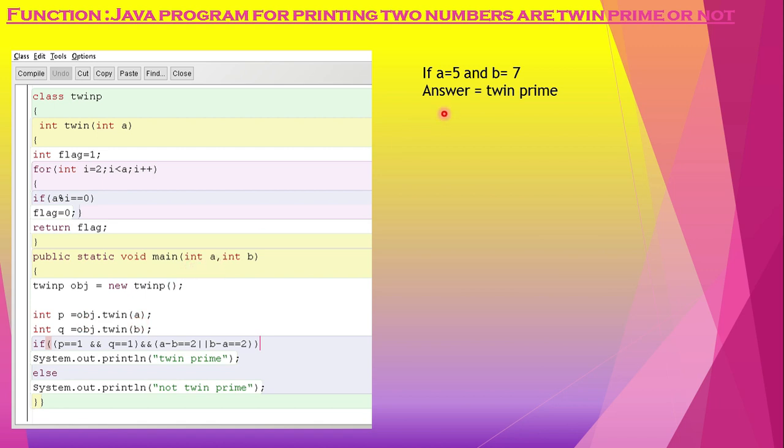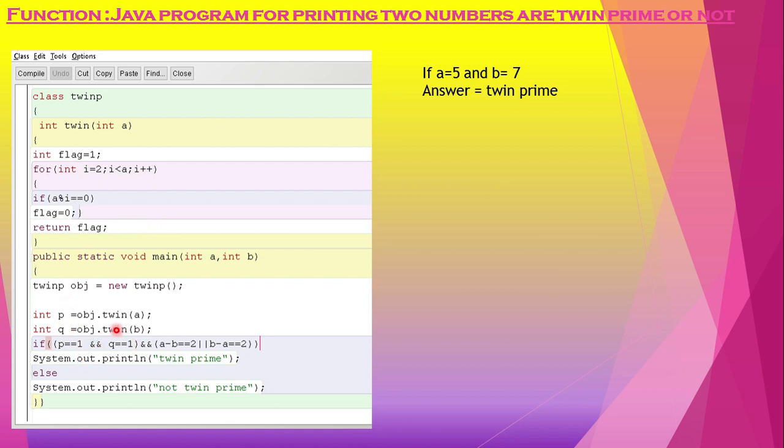In place of a I have 5 over here, so 5 is copied here, and that 5 will go over here and the value is returned to p. If it is a prime number, it will return 1 itself. If it is not a prime number, then the flag will change to 0.